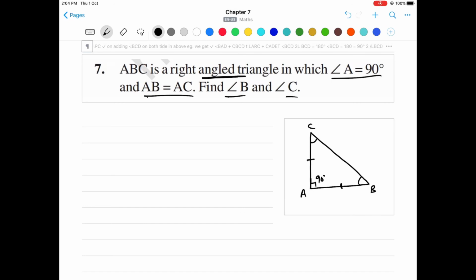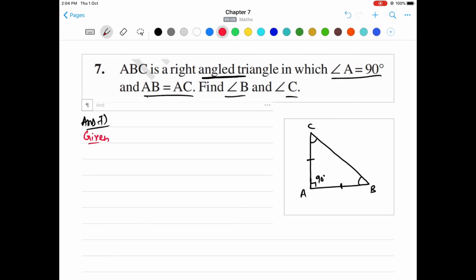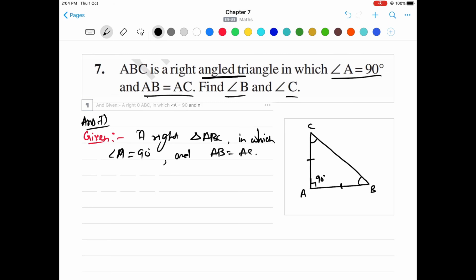So let's start. First we'll write the given part. Given: here is a right triangle ABC in which angle A is 90 degrees and AB is equal to AC.